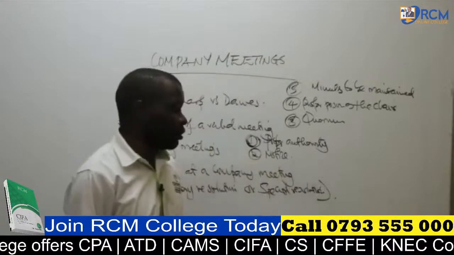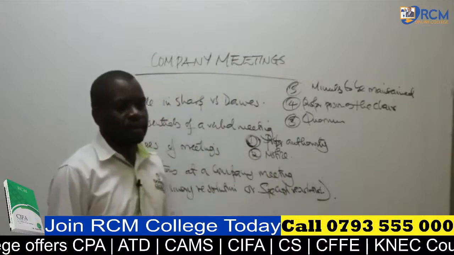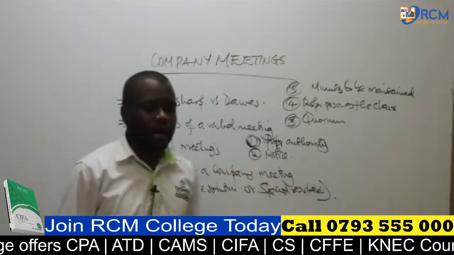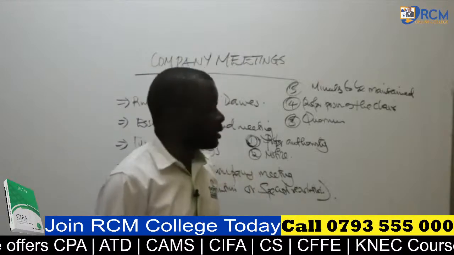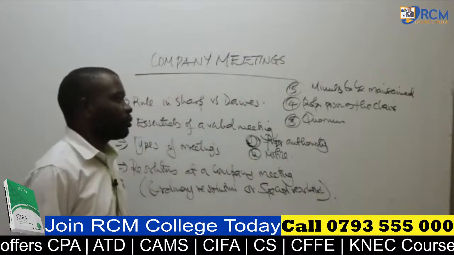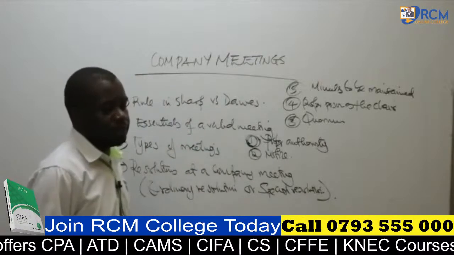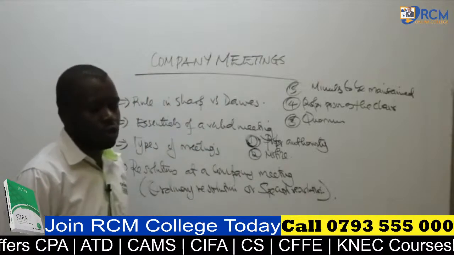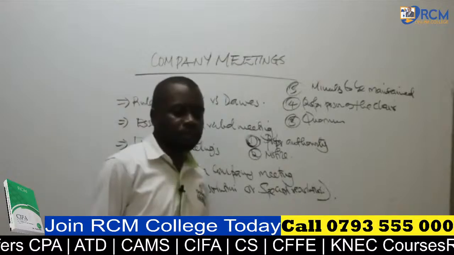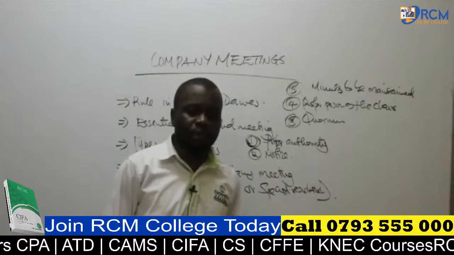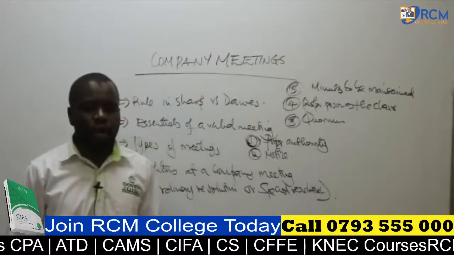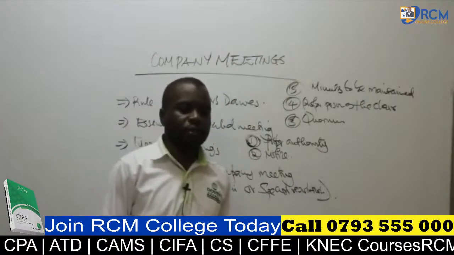Then at the end of it all, the minutes will be signed by the chairman of the meeting and also the secretary of the meeting. So that is basically what you'll get in the minutes of company meetings. Just the normal format of minutes: they will clearly indicate the date, time and place where the meeting was held, those who are present, those who are absent with apologies.